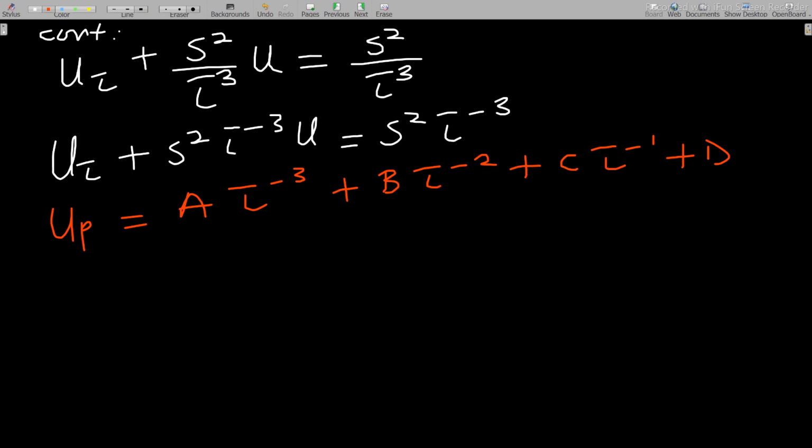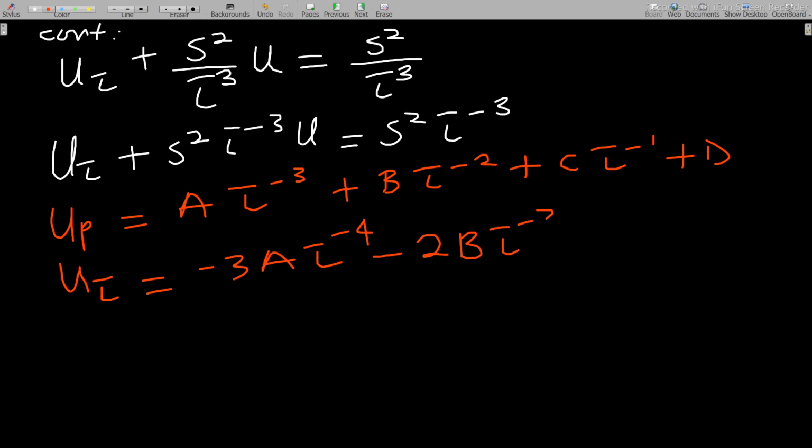This is our particular solution, and the derivative of this with respect to tau is negative 3a tau to the negative 4, minus 2b tau to the negative 3, minus c tau to the negative 2, plus 0.